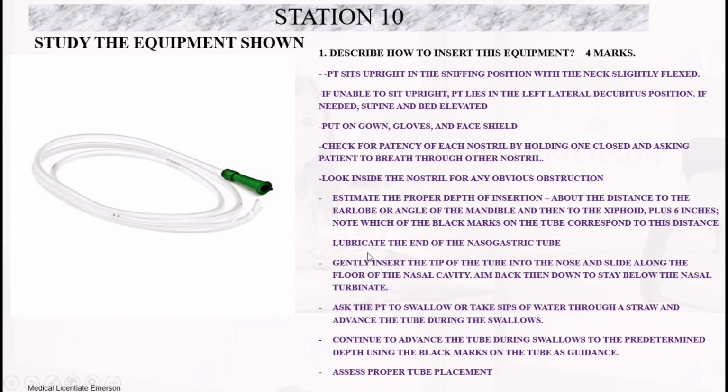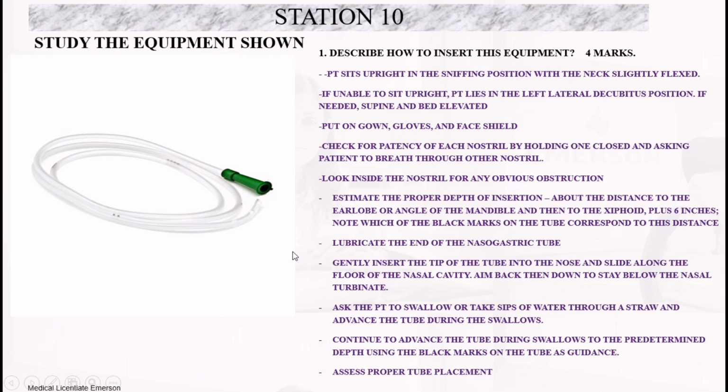Then of course use a lubricant to lubricate the end of the nasogastric tube. Gently insert the tip of the tube into the nose and slide it along the floor of the nasal cavity. Then aim back, then down, to stay below the nasal turbinate.